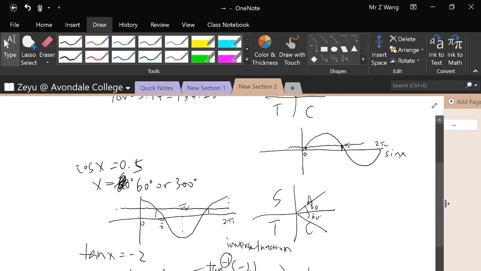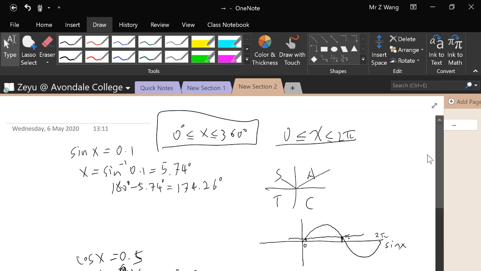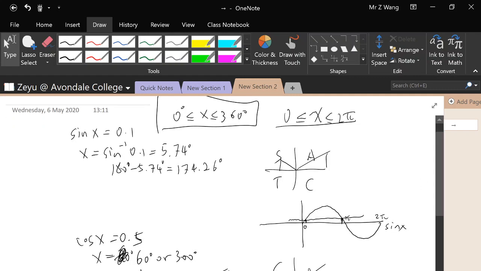So you might ask, why are we doing this so complicated? This is trigonometry. You have to be able to see trig functions from different perspectives. This is from the unit circle perspective, because I'm imagining a triangle. This is from the graphical perspective, visualizing the graph of trig functions.